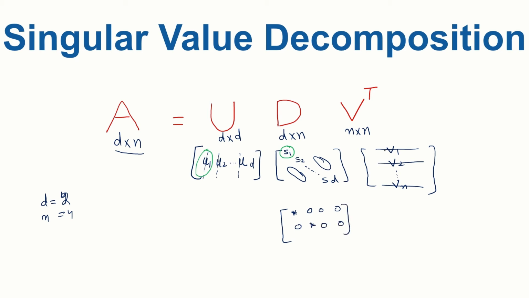And how can we write this matrix V? This matrix V will be n by n, so 4 by 4, with some value in every entry.